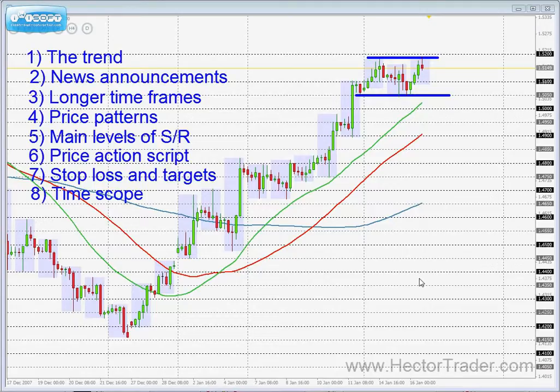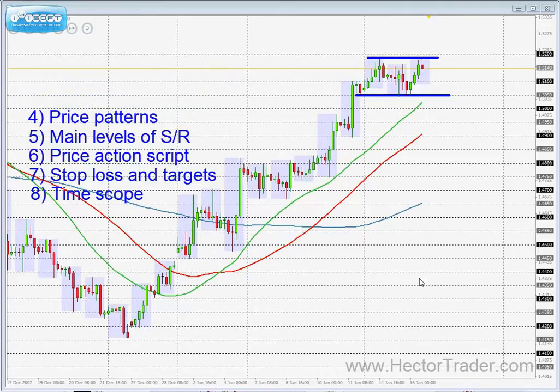So, to wrap it up very quickly, you want to take note of the trend, whether there is any news announcement for the day, what's going on in the longer time frames, is there any price pattern I recognize, and where are my key levels of support and resistance.